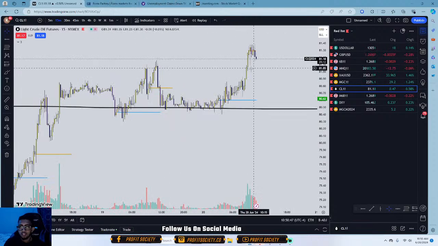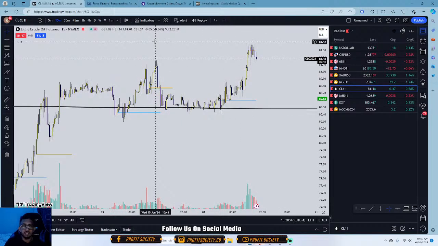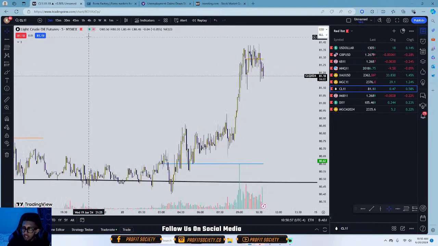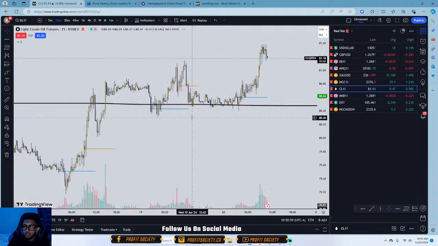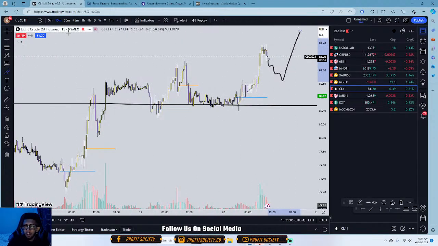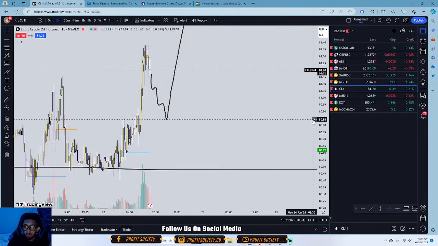So I'm curious to see what the crude oil inventories come out as well. Most likely is more bullish oil. Wouldn't be surprised if we do come out more bullish oil. Maybe a small little retest, and then we can get a buy position. I'm gonna keep an eye out on that. I'm gonna put an alert there.